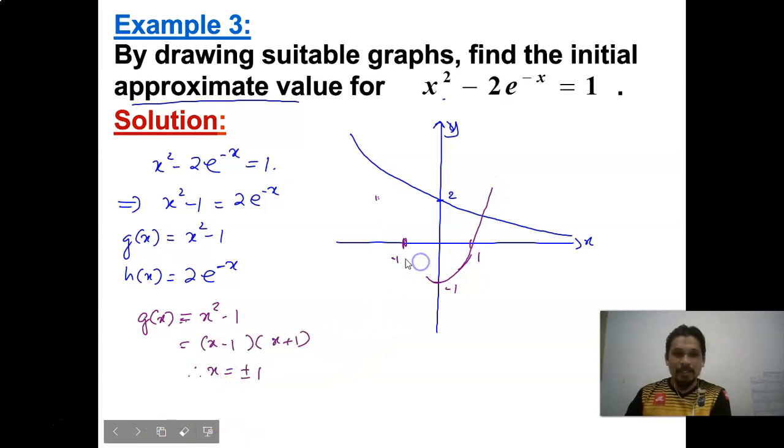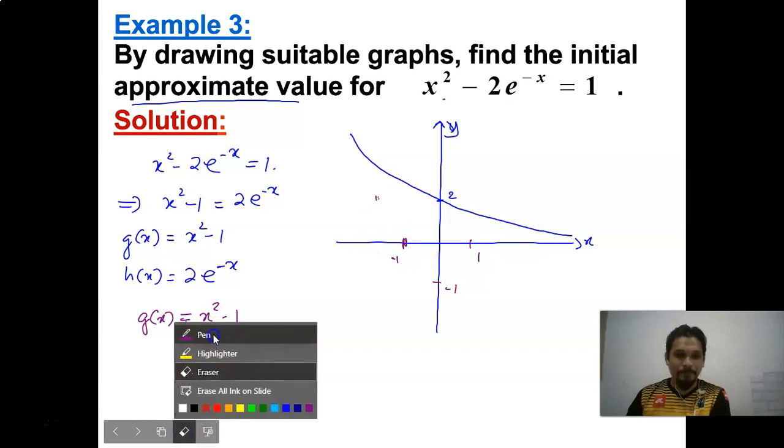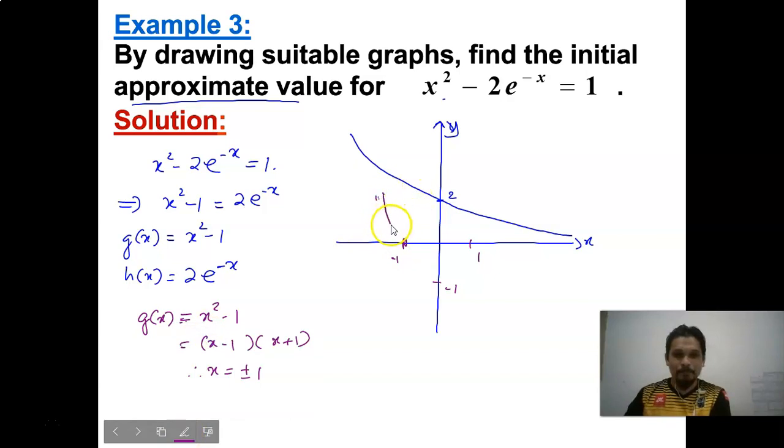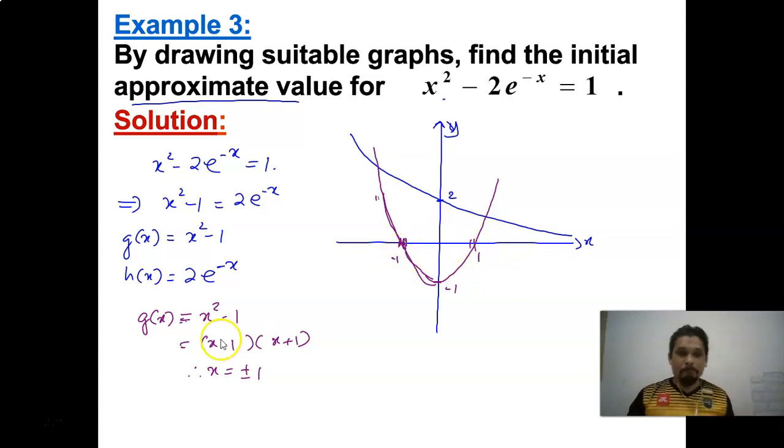Sorry. Okay, now try again. Negative 1 and 1.